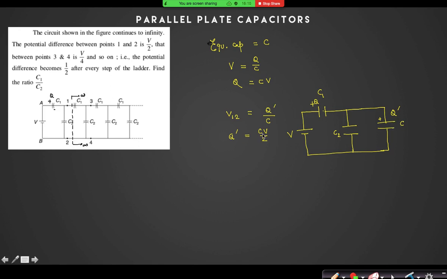So if Q prime is CV by 2, where Q is CV, so can I say that this charge is also CV by 2? Yes or no? If this charge is plus CV, this charge is minus CV, then you can see that these three plates are isolated, right?